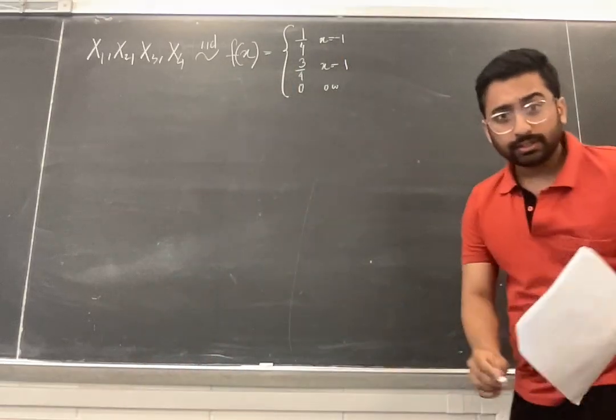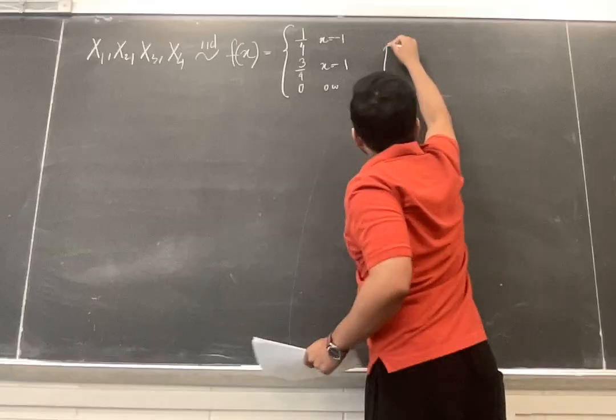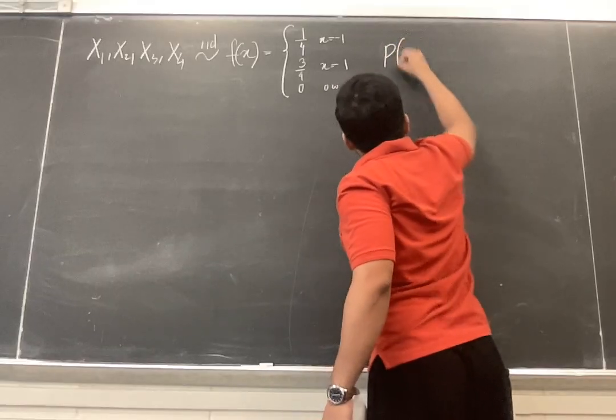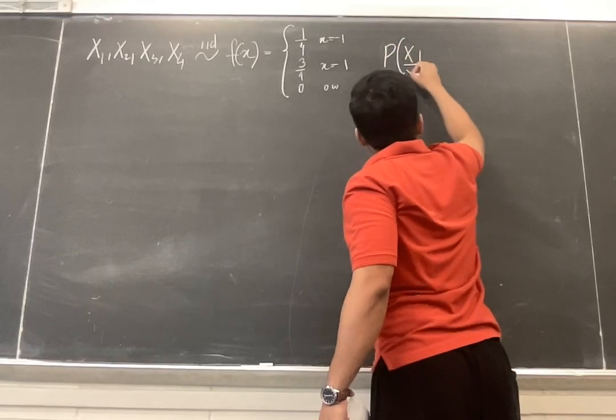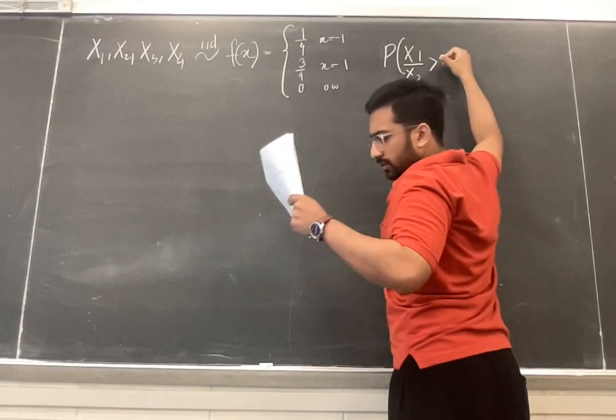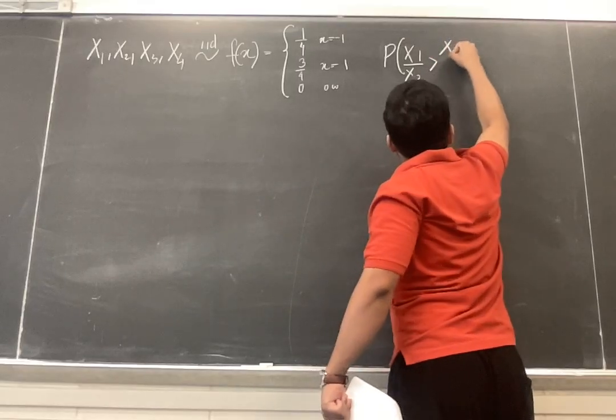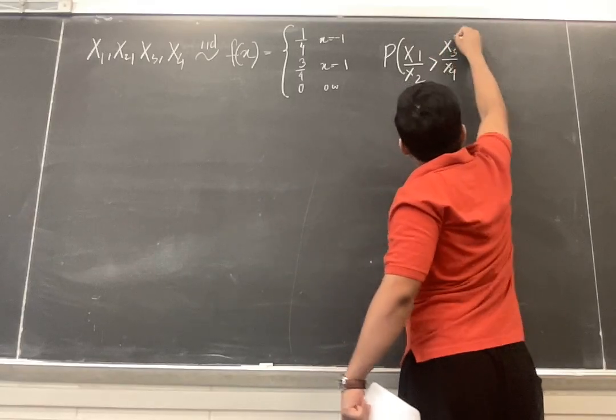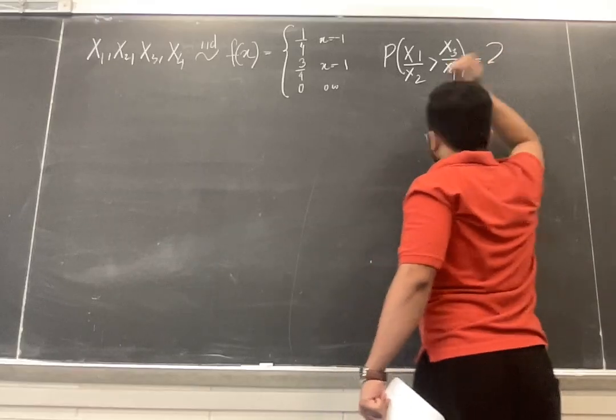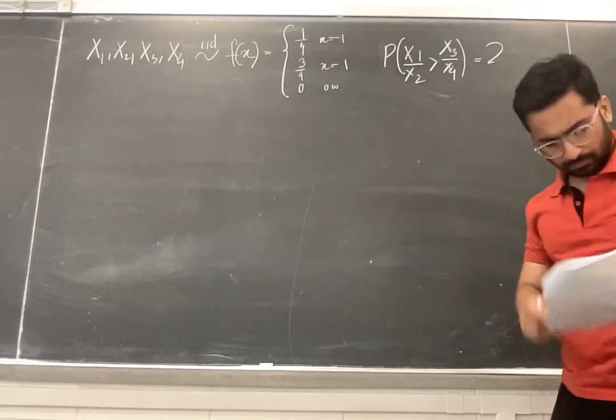What you have to find is the probability that x1 by x2 is greater than x3 by x4. This is what you have to find.